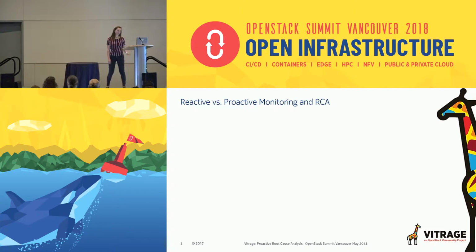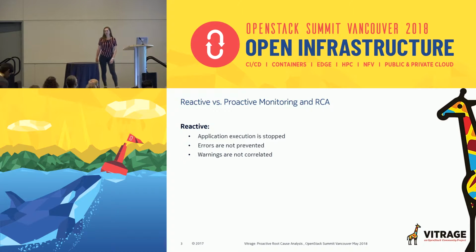So let's start. First, we will talk about reactive and proactive monitoring in RCA. In the reactive world, we just basically react to things that occur in our system. If there is a failure or something, then the system manager or the support will handle it. But it's basically too late.